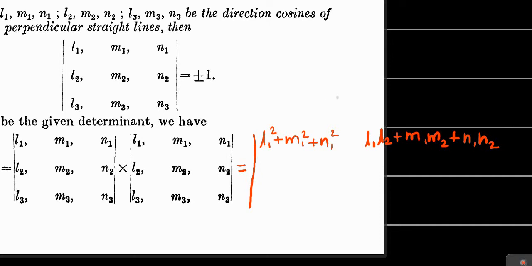Now, for the next element, we have to take the product of first row from the first determinant with the third row from the second determinant, which will be the L1 L3 plus M1 M3 plus N1 N3. So, I am writing it here.